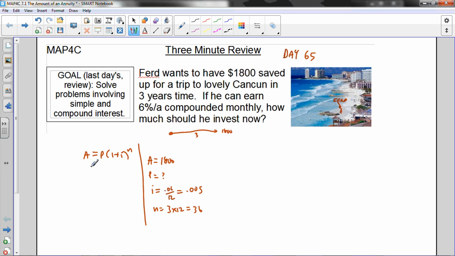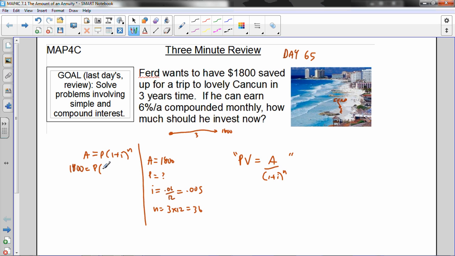compound interest periods altogether. Yesterday we rearranged this formula into what some people call the present value formula, so if you wrote that one down instead, good, fine and dandy, you could have done that. I'm going to do it the other way, which was to substitute in and solve.